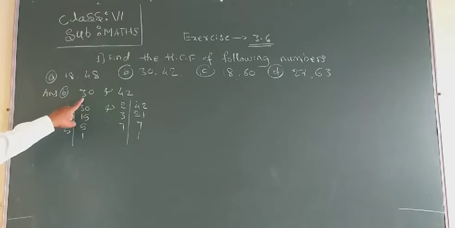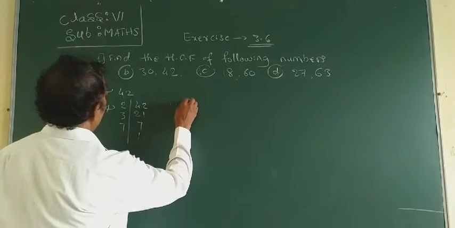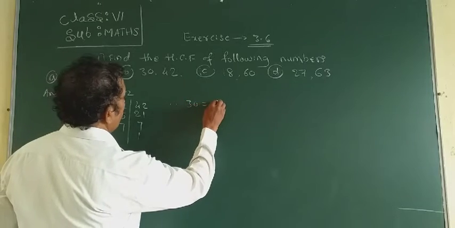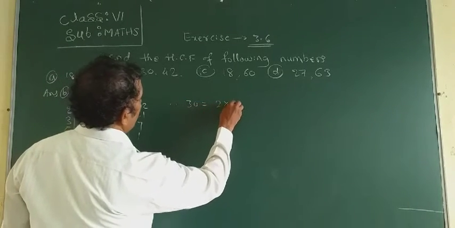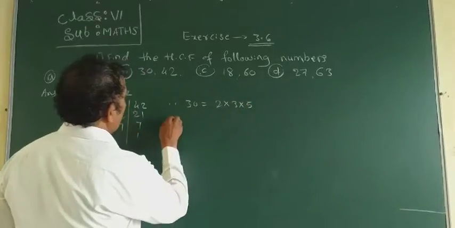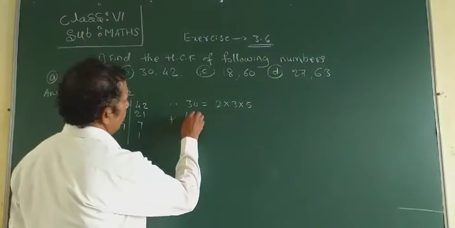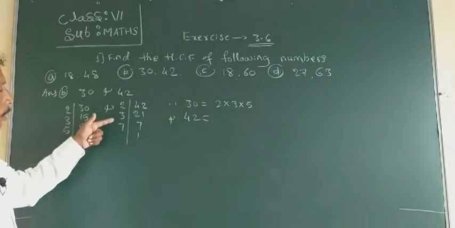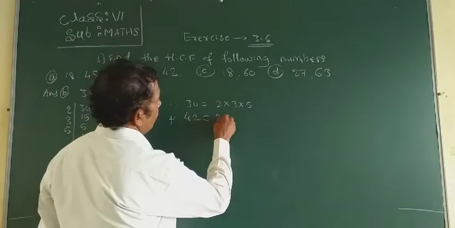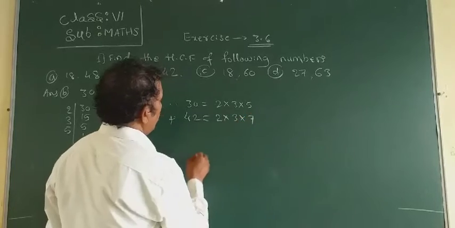First write the number 30 is equal to 2 into 3 into 5. And the second number 42 is equal to 2 into 3 into 7.